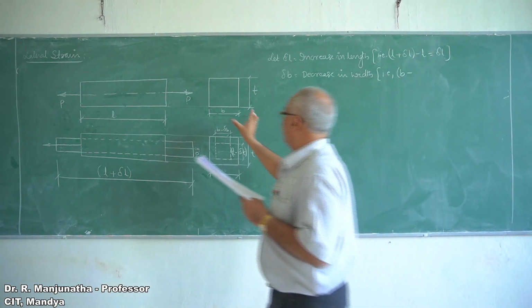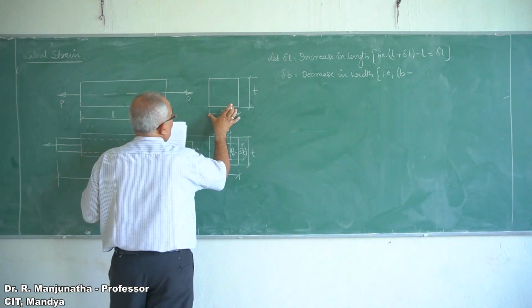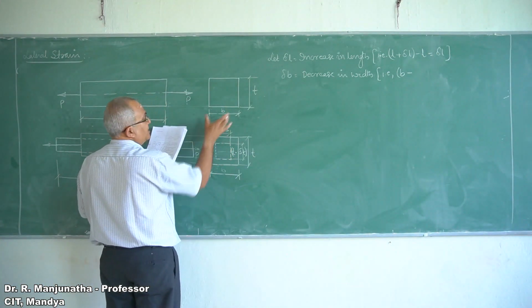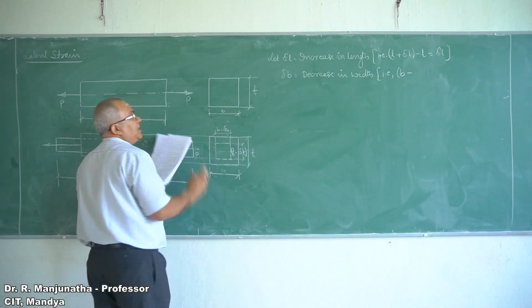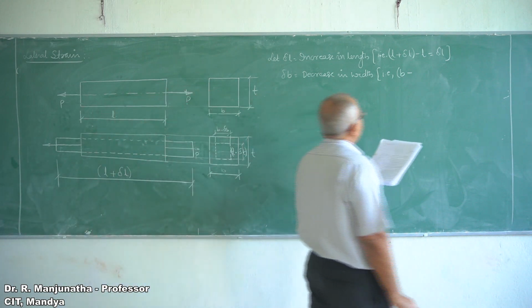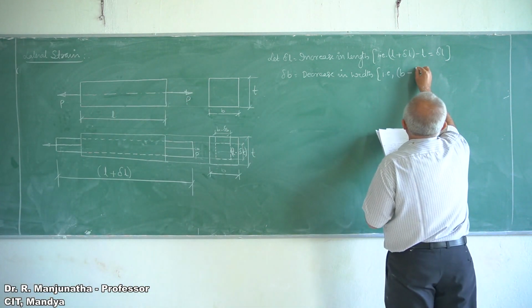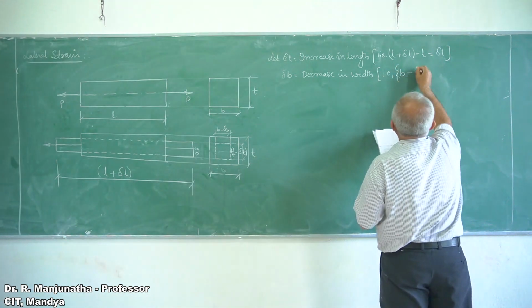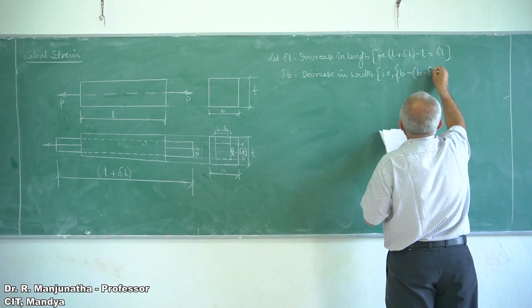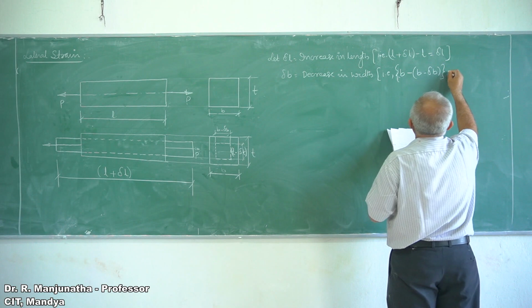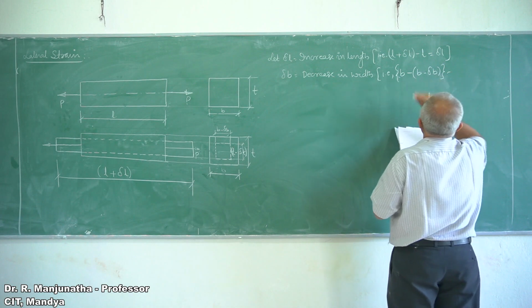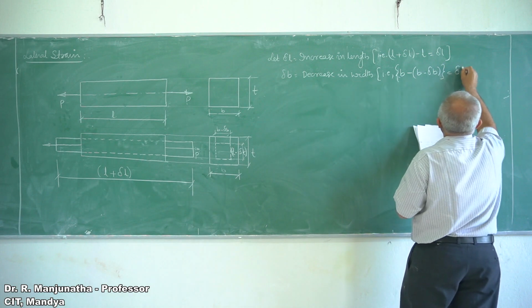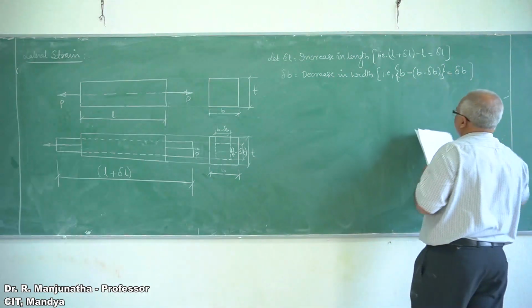This is the original width, and this is going to be the final width. So B minus B minus delta B, B and B get cancelled, so that will be equal to delta B.